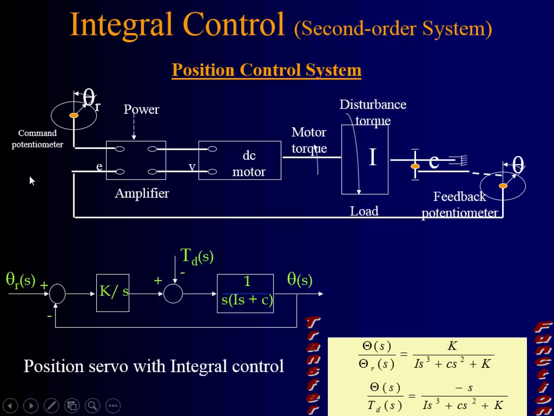So this whole thing that you see here in words and in physical components, it's expressed over here in terms of the integral control plus your system. And here, as an example, are the two transfer functions.